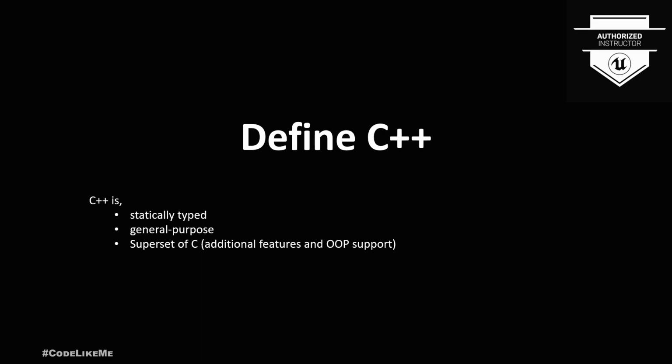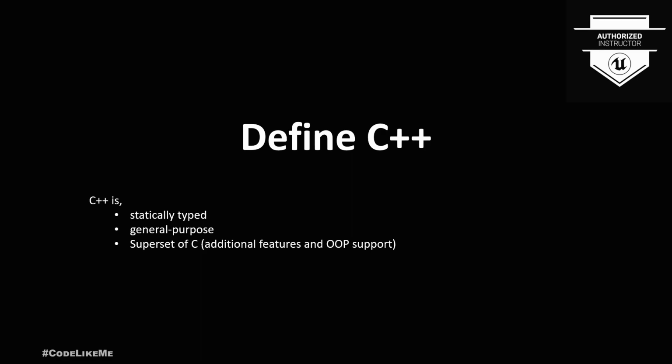And the next point is general purpose. What does that mean? General purpose means C++ is not intended for just one domain. It can be applied in various different domains, let's say game development, other application development, some low level stuff. There is a broad spectrum of things that we can do with C++.